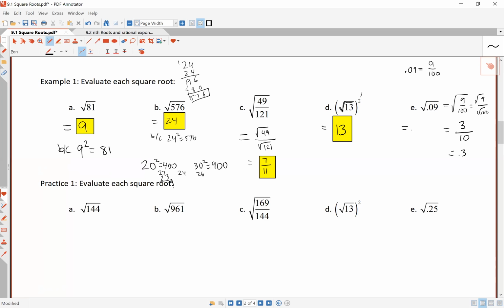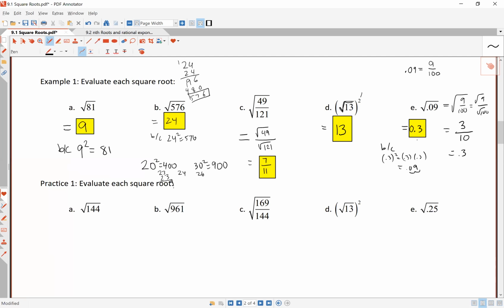So the square root of 0.09 is equal to 0.3, because 0.3 times 0.3, when you multiply decimals, you multiply the numbers. 3 times 3 is 9, and you put the 2 decimal spaces back into the problem. 0.3.